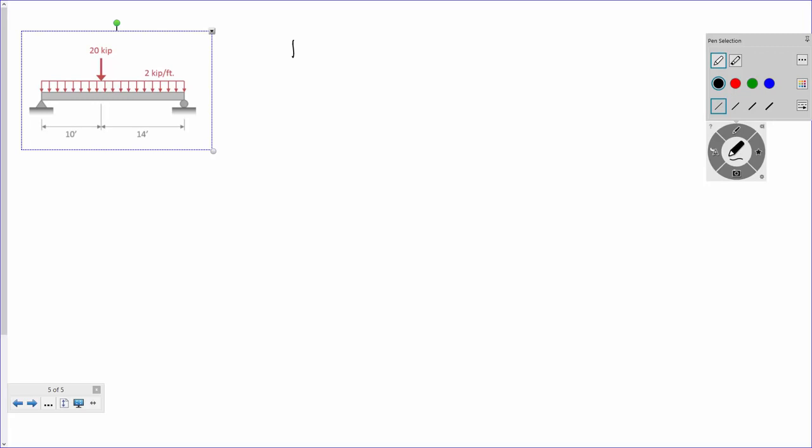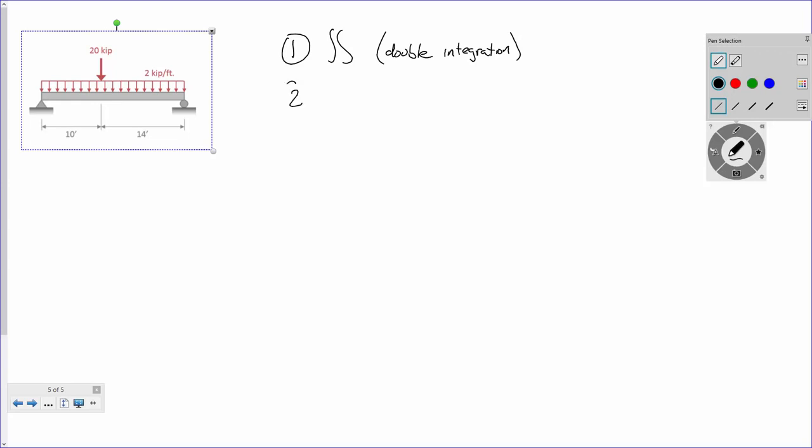So one way of doing it is double integration, which I don't recommend if you have point loads. If you have smooth continuous loads like distributed loads or triangular loads, that works great. It does not work great if you've got point loads.